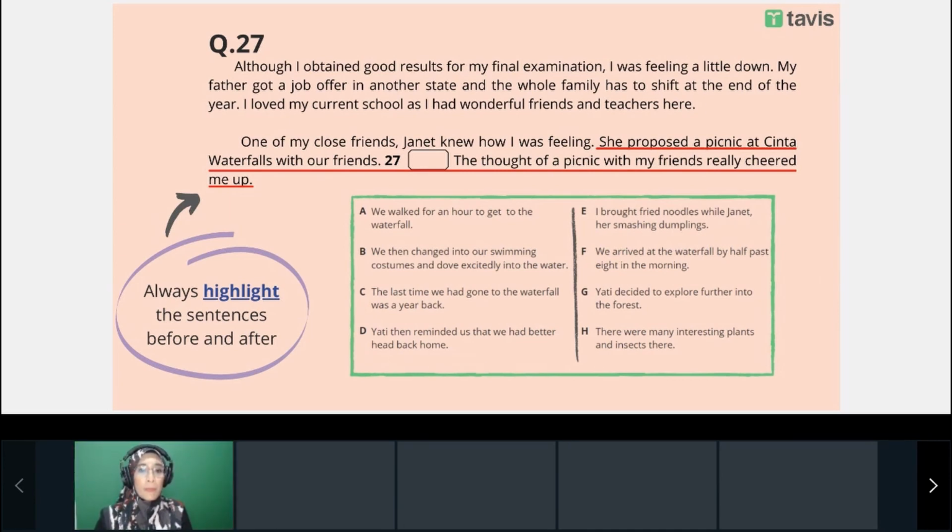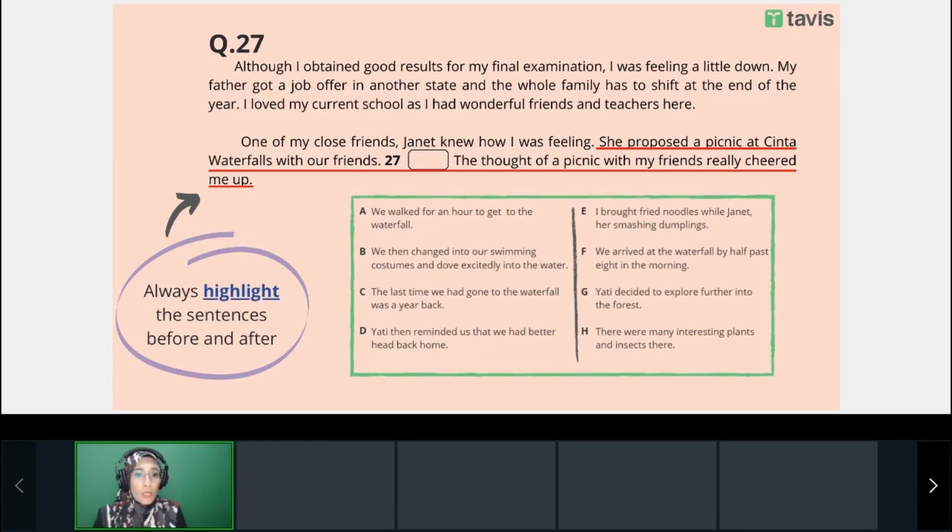All right. Now, here, like I said before, always highlight or you can always underline the sentences before and after. All right. After what? After the blanks. Okay. After the blanks here. And you need to fill in a sentence. It's not a word, it's a sentence. So here are the sentences. Okay.